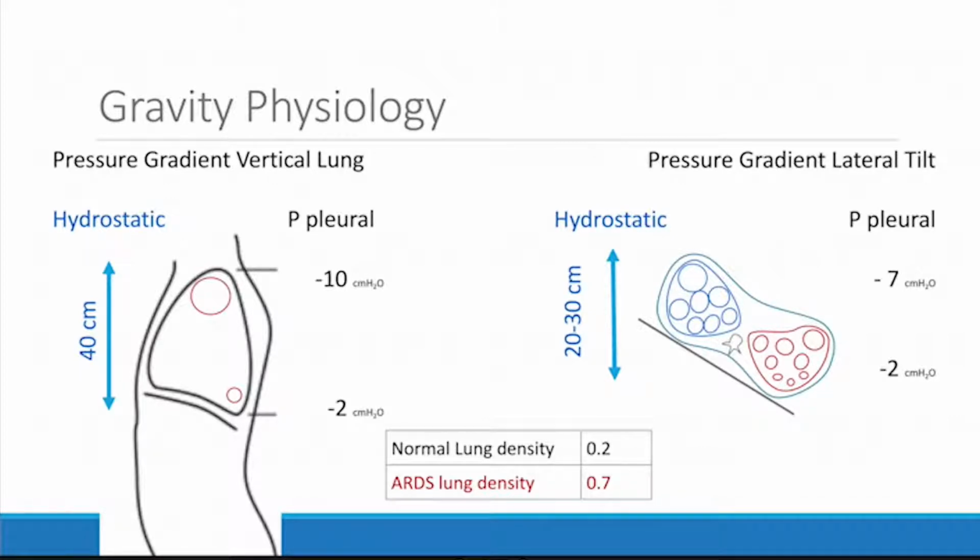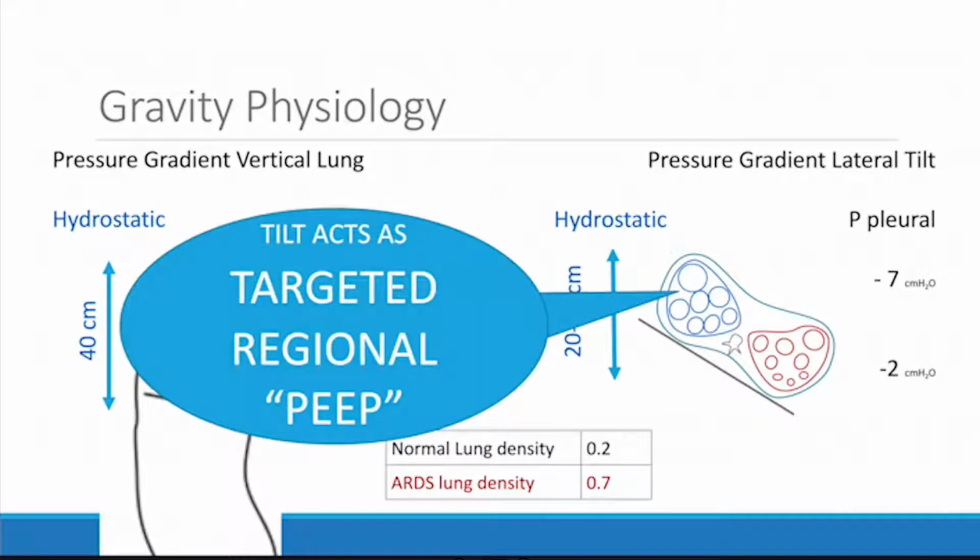What can we conclude? Tilt can act as a targeted, regional, left or right, or actually bottom or top, depending on how we move the patient, change in pressure.